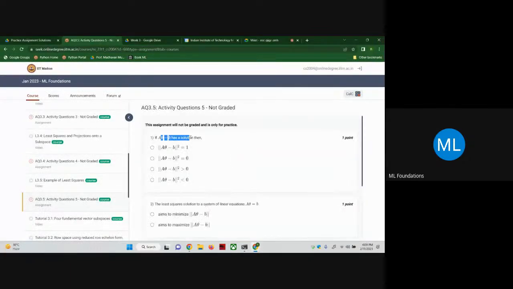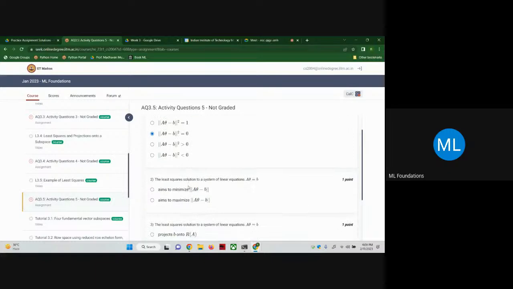A theta equals b has a solution. If it has a solution, then that basically means (A theta minus b) whole square, that is the error part, will be 0. So this second option is true. The least square solution to a system of linear equations A theta equals b aims to minimize A theta minus b.